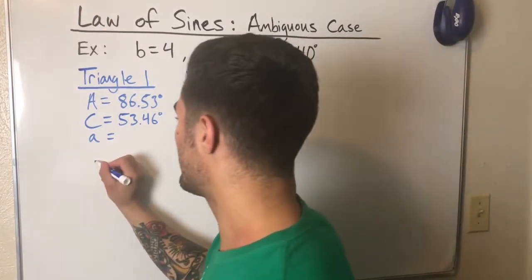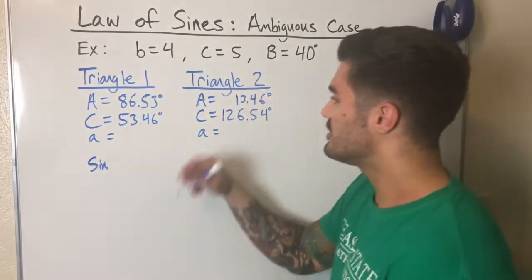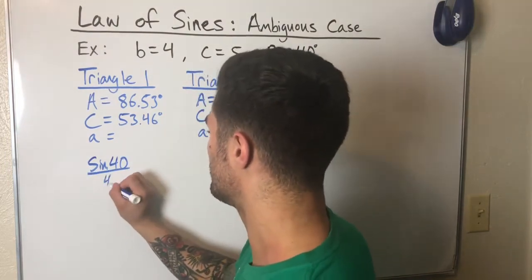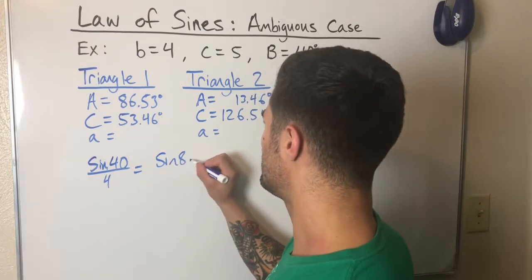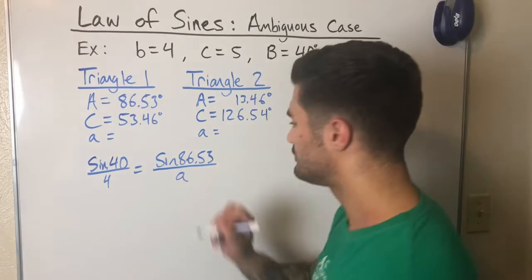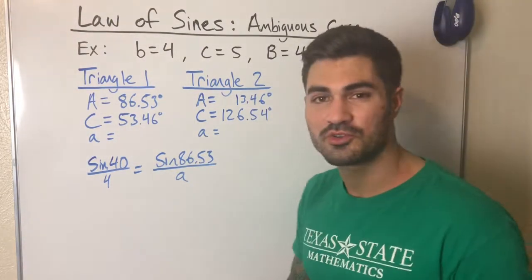So sine of, let's see, I'll use 40 degrees and 4. All right, sine B over B, 40 degrees and 4 equals sine of 86.53 degrees over A. This is how I'm going to find side A. So there's a cool little trick if you don't know it.